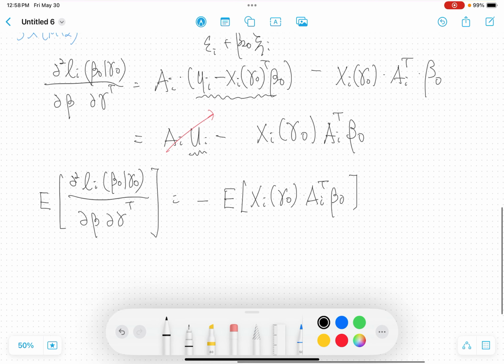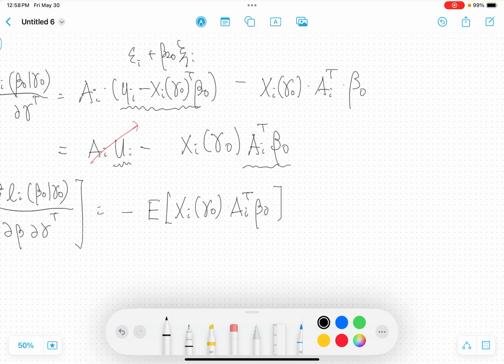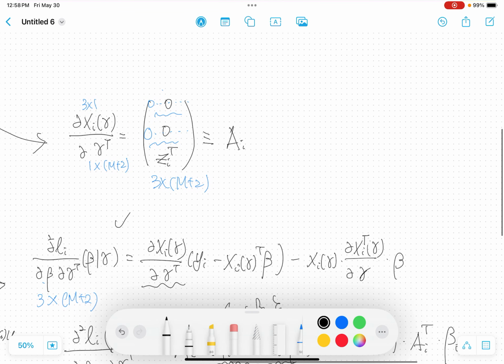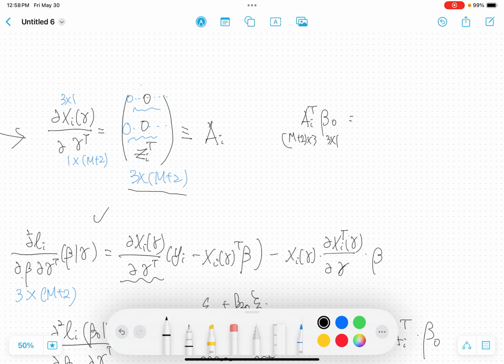By the way, I could simplify this a little more. AI transpose beta 0. Back here, AI is 3 by m plus 2, so AI transpose beta 0 is m plus 2 times 3 and 3 times 1. So you will get zi times beta 2 0. Beta 0 is alpha 0, beta 1 0, beta 2 0. But here, as you see, AI has all zeros in the first two rows and only non-zero elements in the third one.